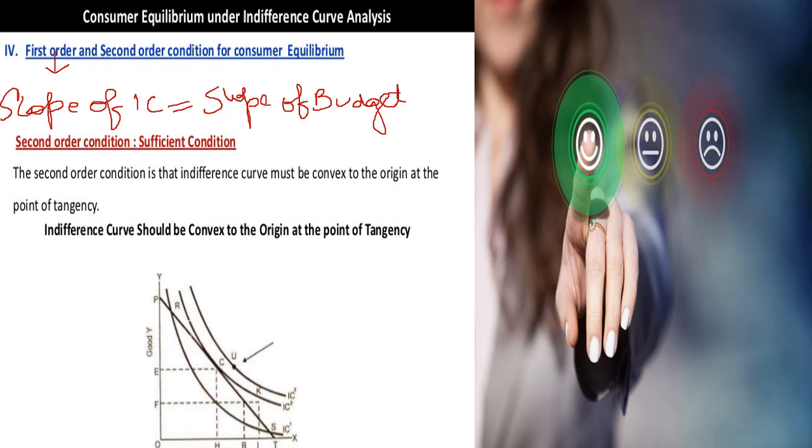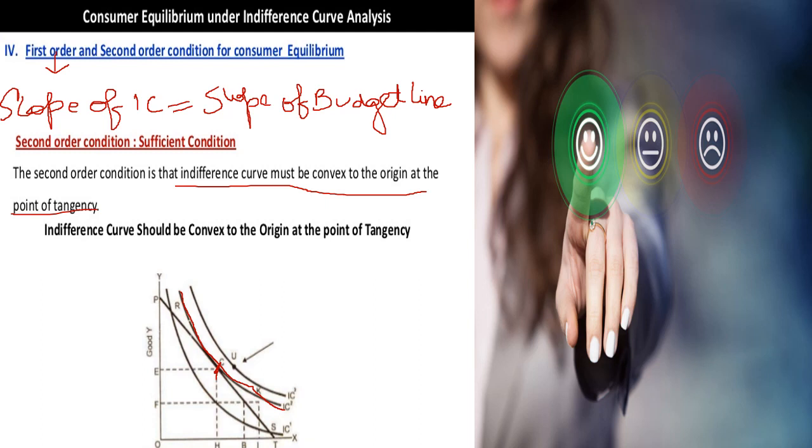So first condition is satisfied. Now what about the second condition? Second condition lays down that the indifference curve must be convex to the point of tangency. Yes, this indifference curve is convex to the point of tangency. So this is the point of consumer's equilibrium.